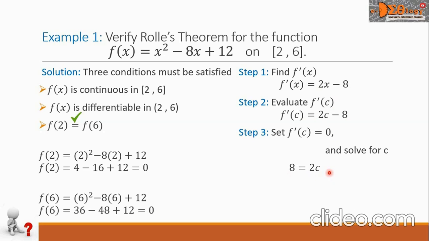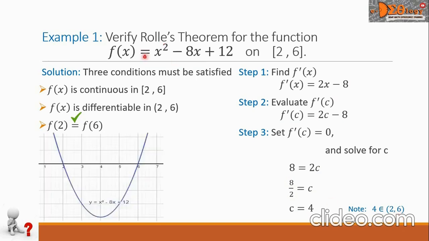Solving for c, let us divide this equation by the coefficient of c, which is 2. So we have now 8 over 2 equals c. So the value of c equals 4. Take note that this number 4 is inside the open interval from 2 to 6.